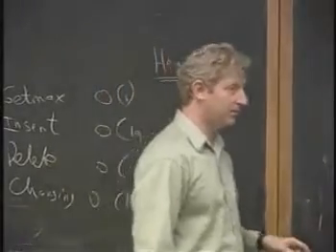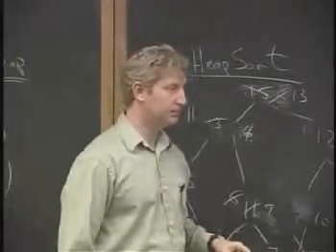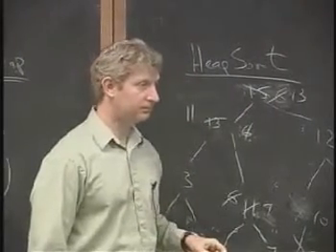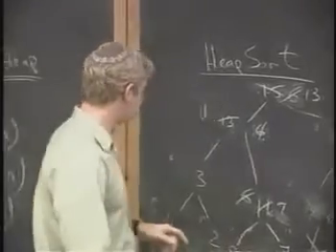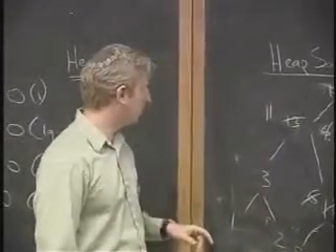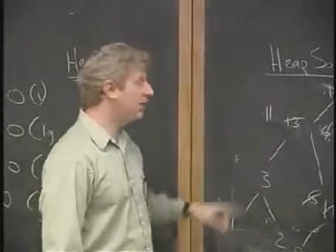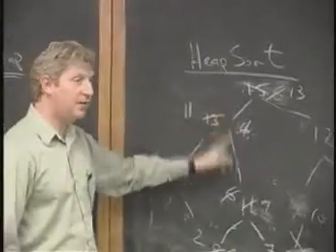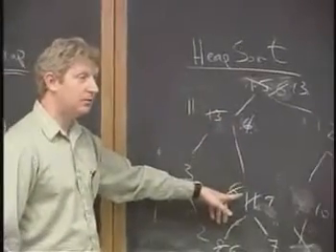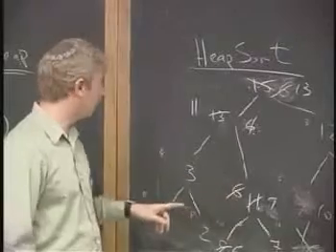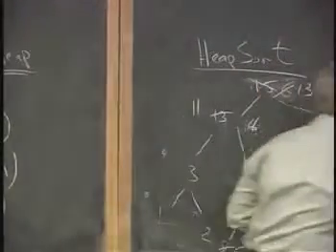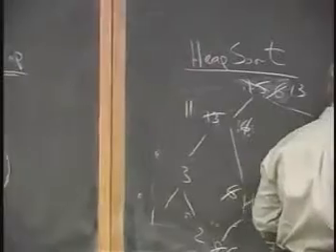You have to do a little check back down to both of your children after you get promoted? Because couldn't you be larger than the 12 but smaller than the other 12? I don't think so, because, assuming it was already a heap on top, this has to be bigger than the other child. Say it's a 15 on top and a 14 over there on the left, and a 12 over there.